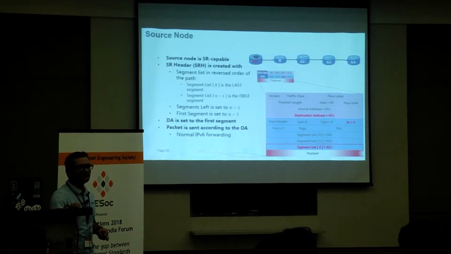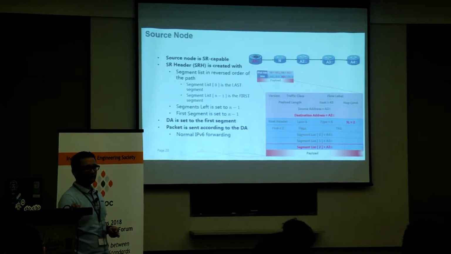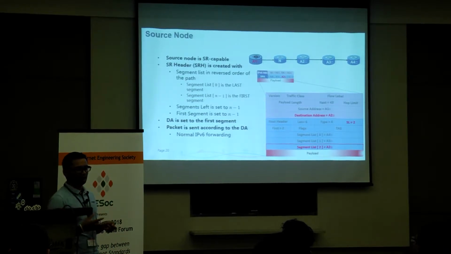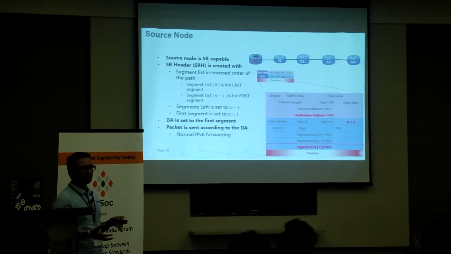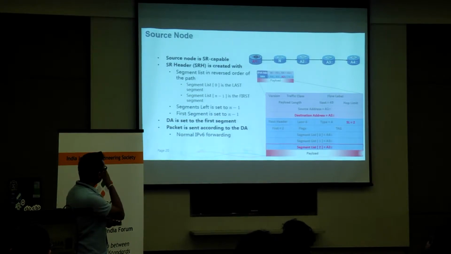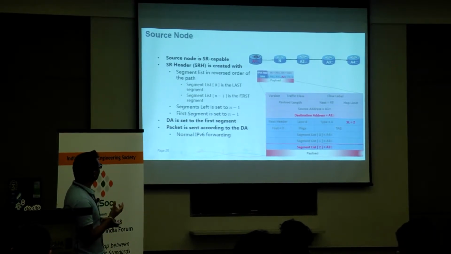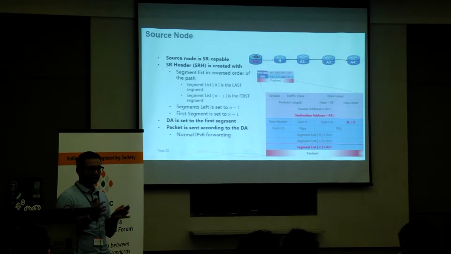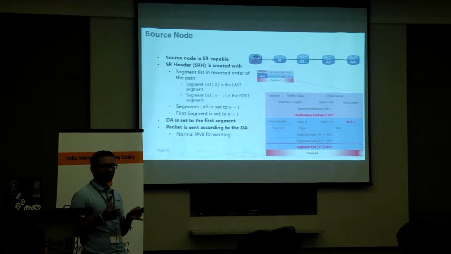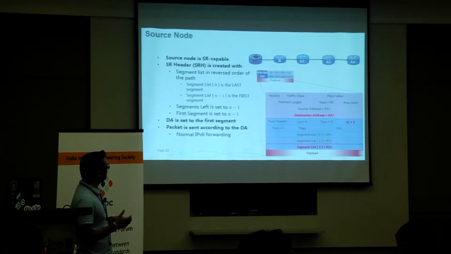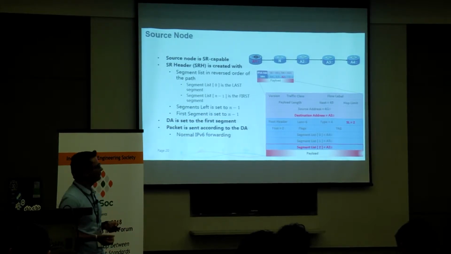Now I talked about SRH because SRH is used to encode the segment list, or my program. For that, the source node inserts the segment list, or the program, in the packet and then forwards it to the next segment.